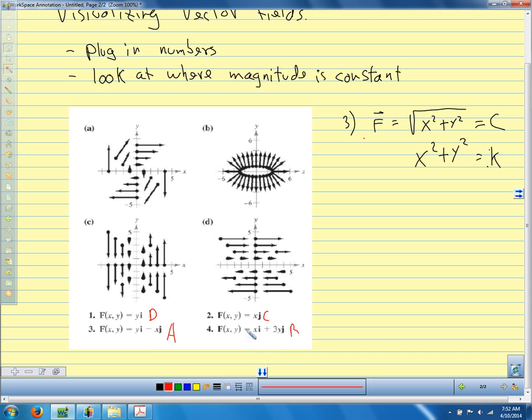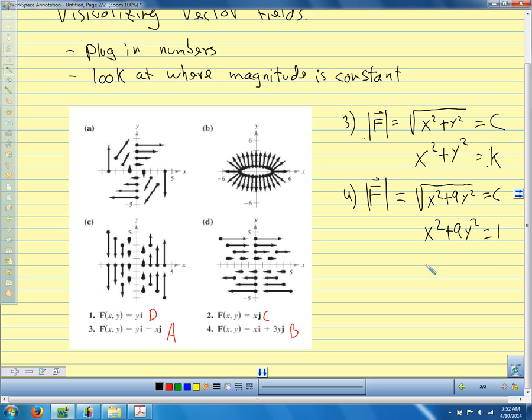But if we just had this equation and needed to figure out what it looked like, we could apply the same thing. For number 4, we want the magnitude of F constant. So that's the square root of x squared plus 9y squared, and we want that to be a constant. So x squared plus 9y squared is some other constant.